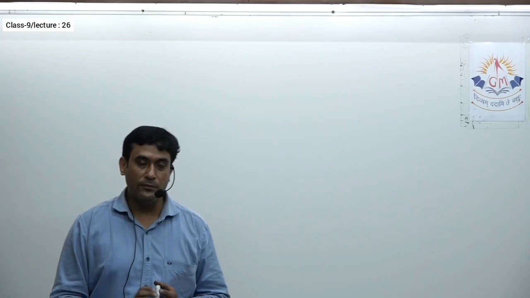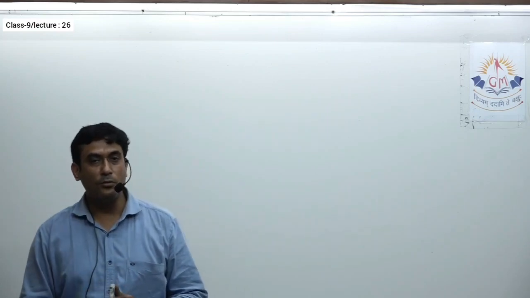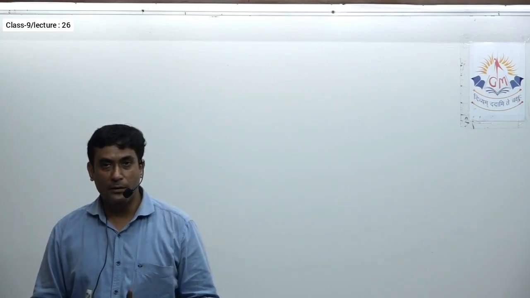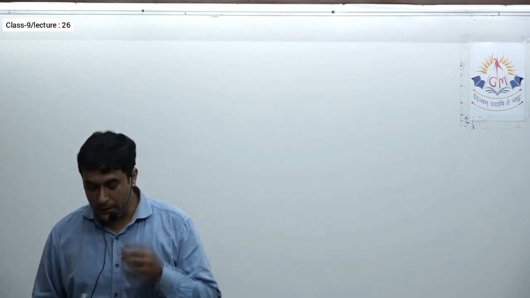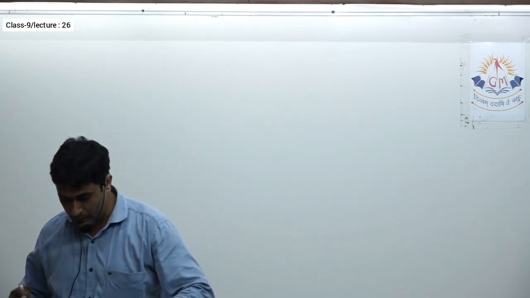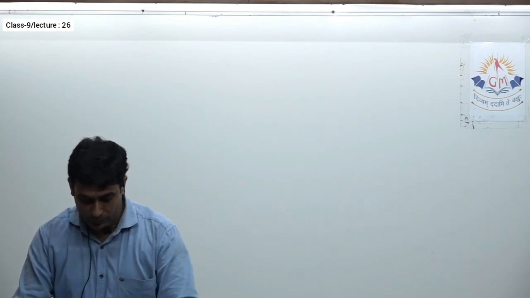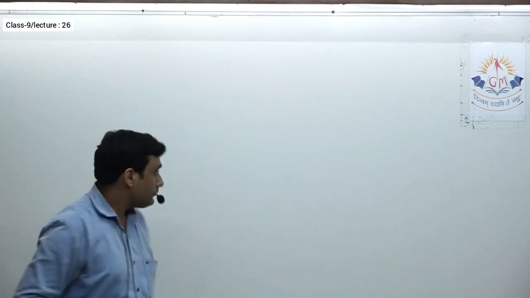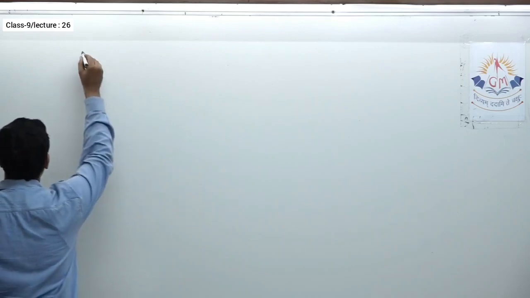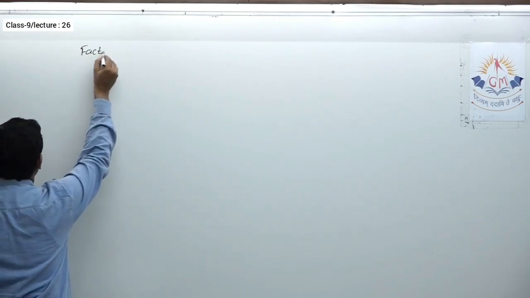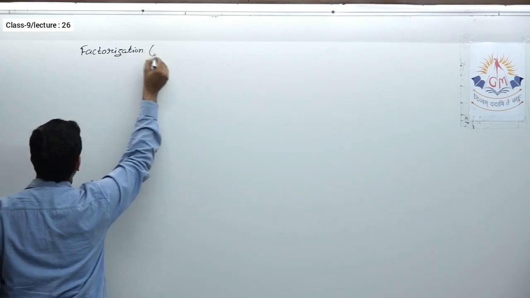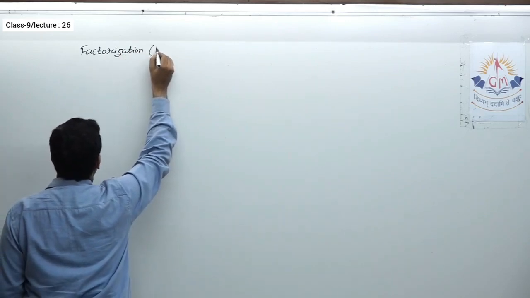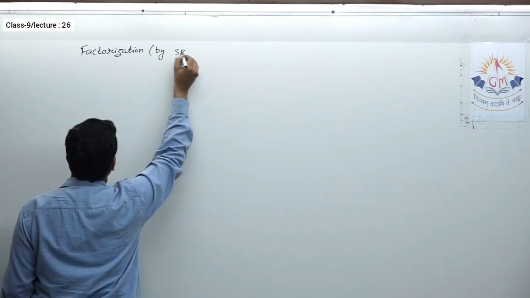So in this lecture we will focus on how to factorize the expression by splitting the middle term. So let us start some examples based on that. Okay, so here I am giving the heading: factorization by splitting the middle term.